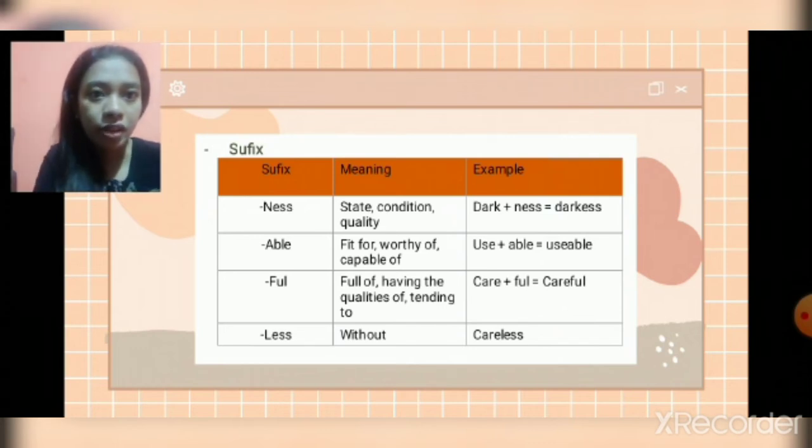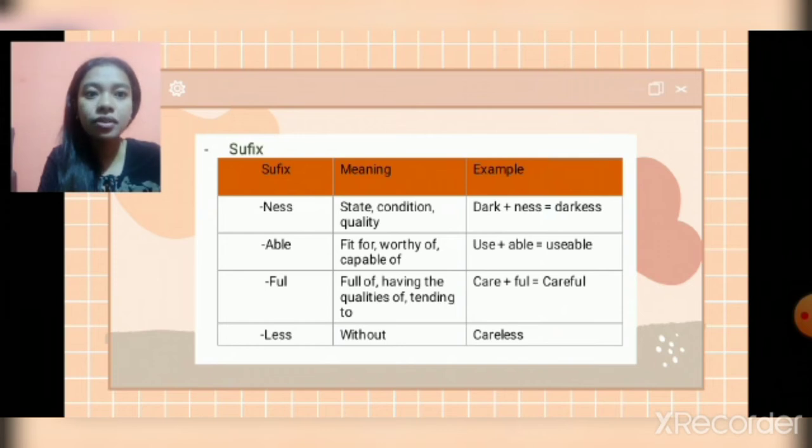For example, the word dark plus the suffix ness becomes darkness. Of course, dark and ness have different meanings, but when we combine them in one word, it produces a new meaning. For the other examples, you can see them yourself on the screen.